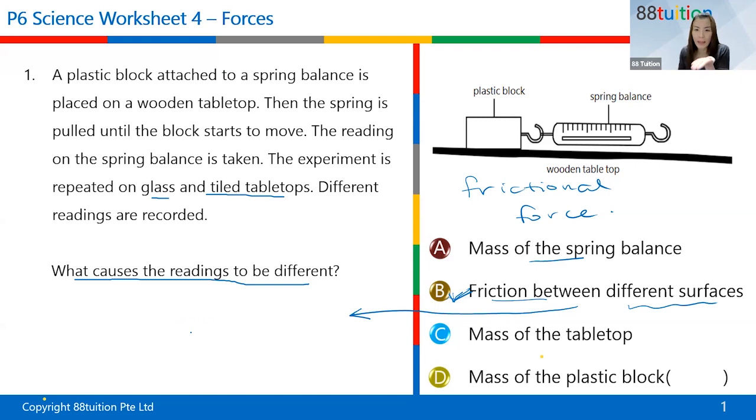Look at my hand. The top surface of my left hand, then I put my right hand on top, then I try to rub my hands against each other. So there's friction between the surfaces. What are the surfaces? The friction is actually between the surfaces in contact. For my case, it will be the two palms, the palm on the right hand and the palm on the left hand.